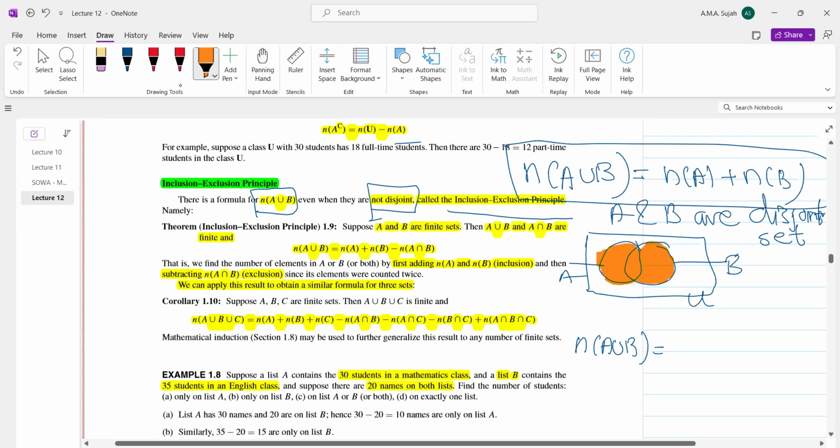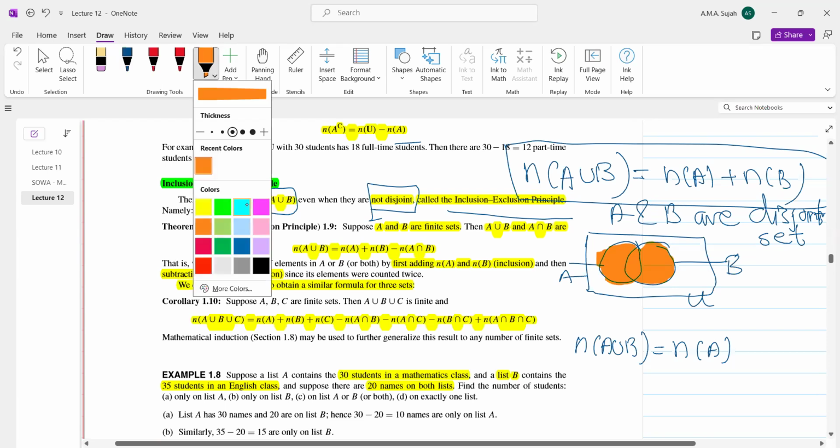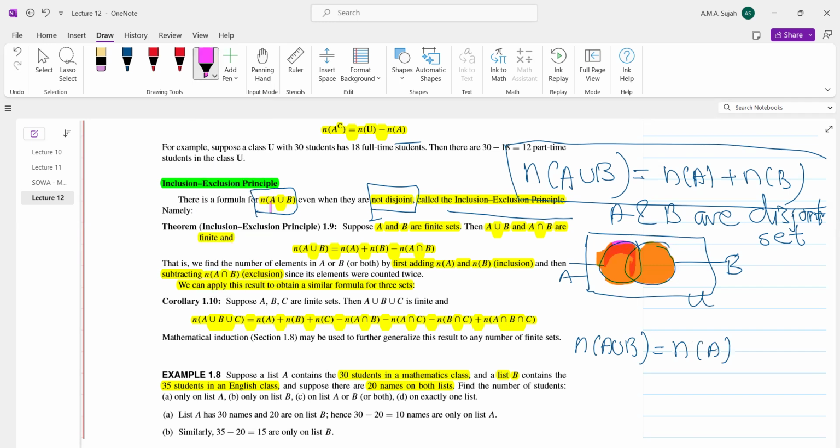So at that time, what will happen? You can find the number of elements in A. The number of elements in A means this area, right?